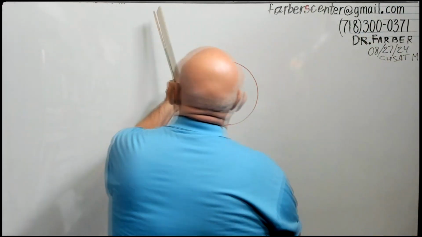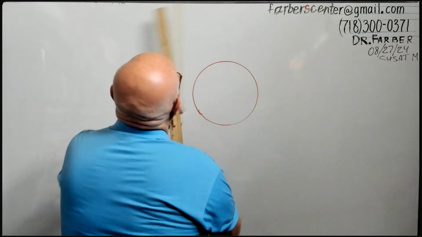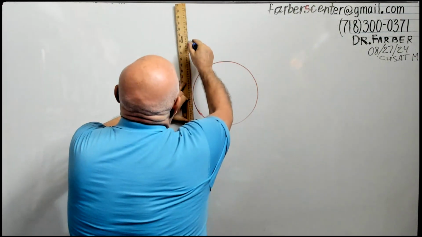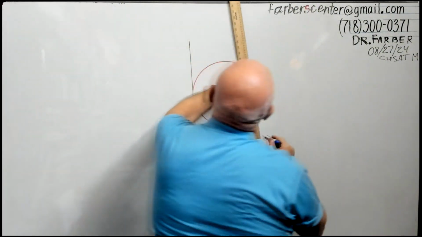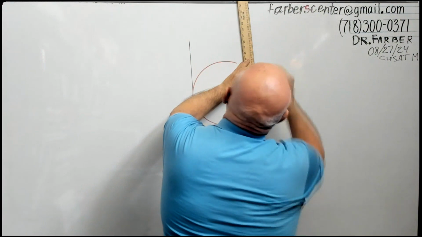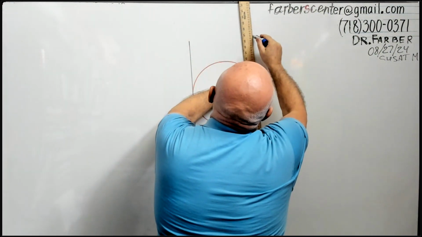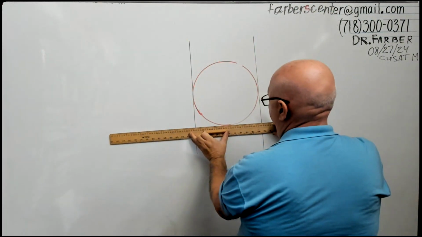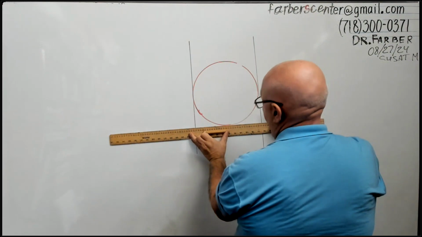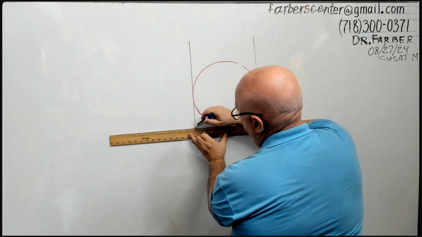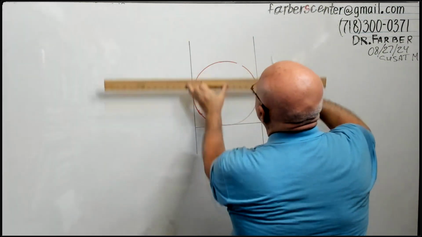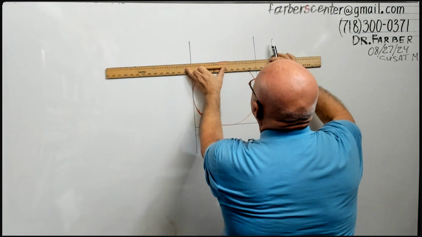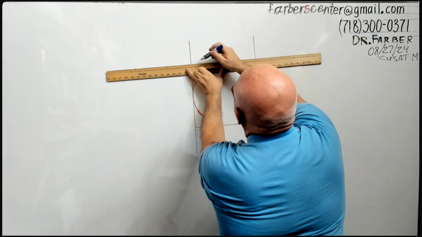Next, schematically, kind of like this. And the circle inscribed in the square. Okay.